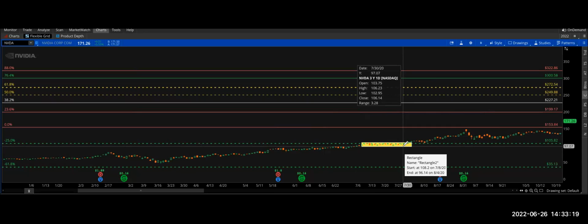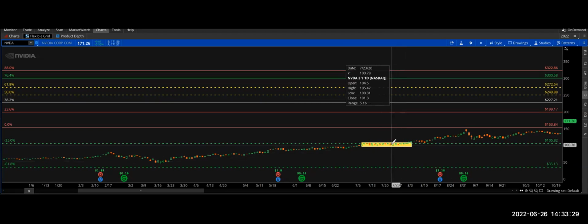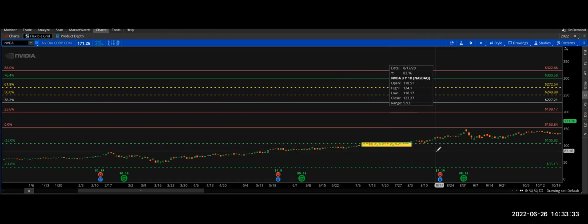Well, let's look. From the 7th to the 8th. So what was that? So for almost a month, it traded around that 105 level with the volatility, bounced back and forward.